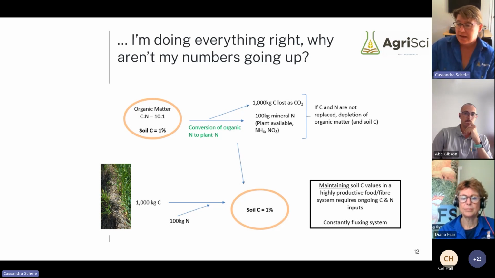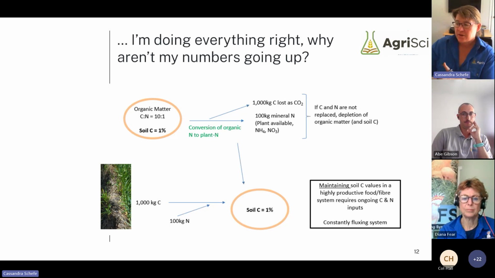We know that with our carbon to nitrogen ratio of 10:1, which is very strong, if we're pulling out 100 kilos of nitrogen from the organic matter for plant use, we will be losing up to a tonne of carbon through that process through microbial respiration and other reactions. So that's a straight pull, straight export.